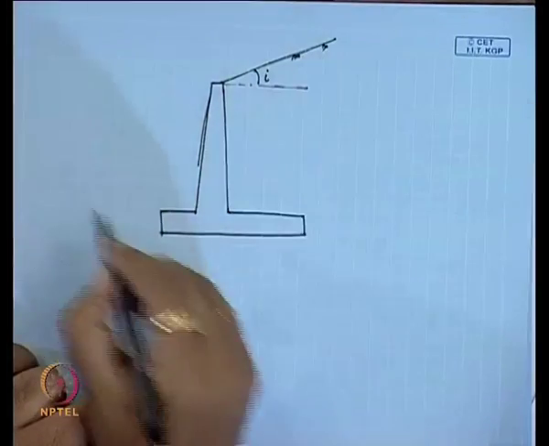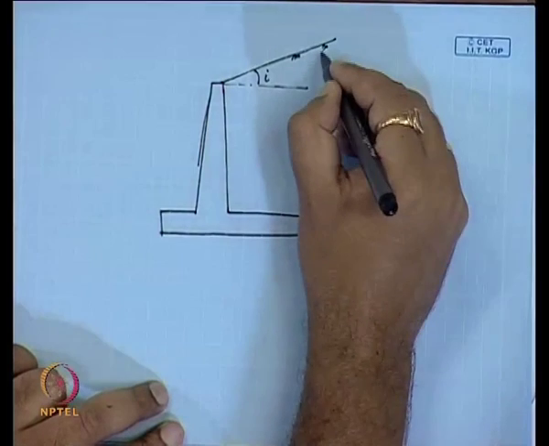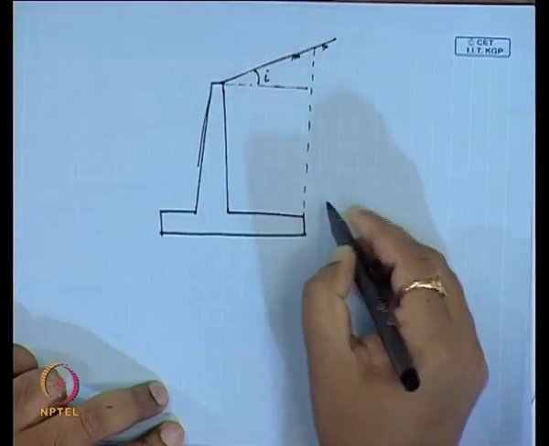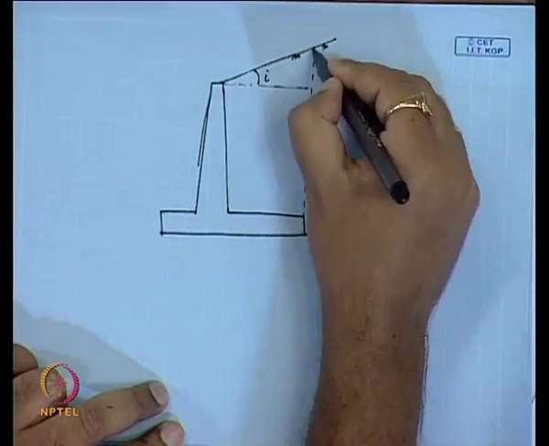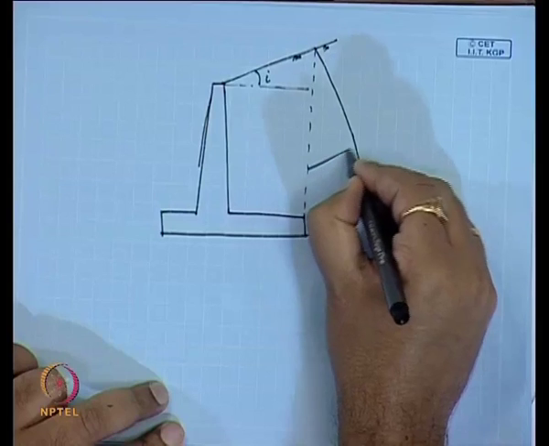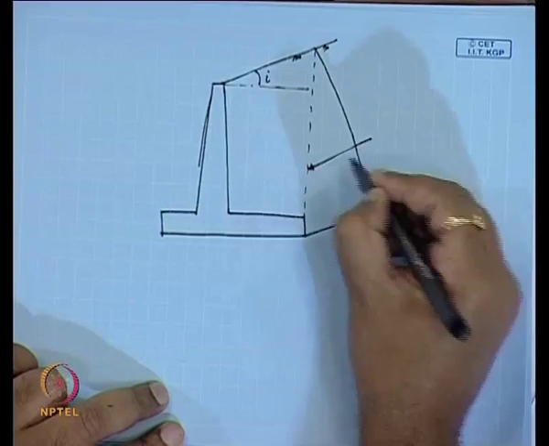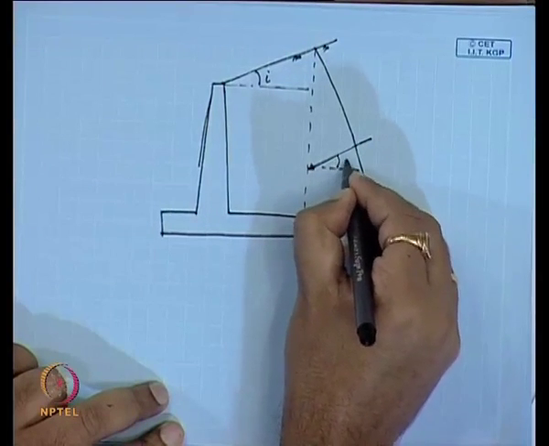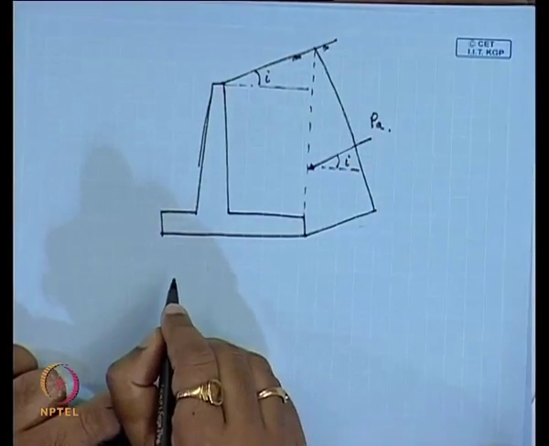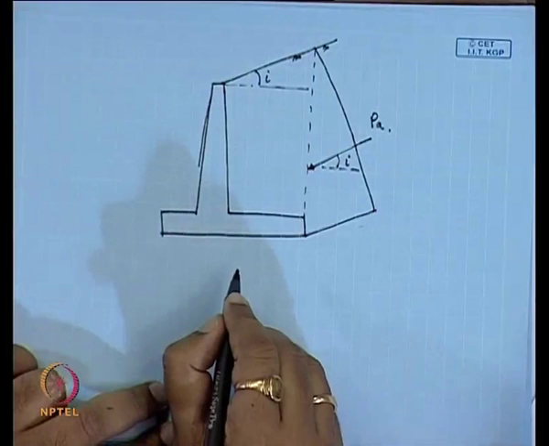This is the ground surface. Now, for this edge, this is our active pressure that will act with an angle i. So, P active with an angle i. This is for the backfill soil.